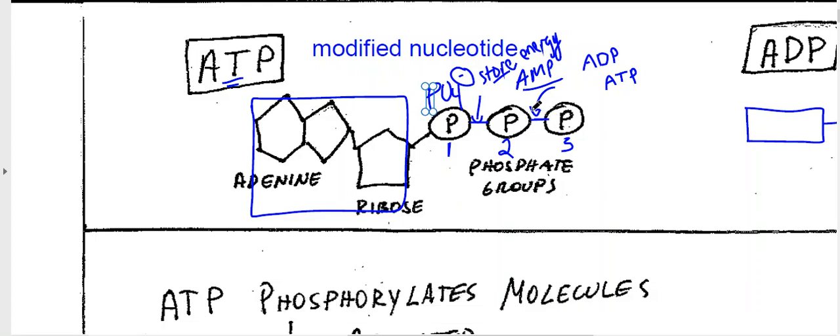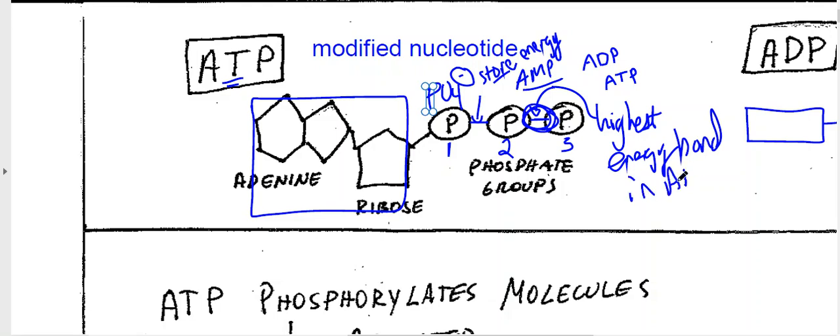And in particular, this third bond, because it's so difficult to make, is the highest energy bond in the whole ATP molecule.